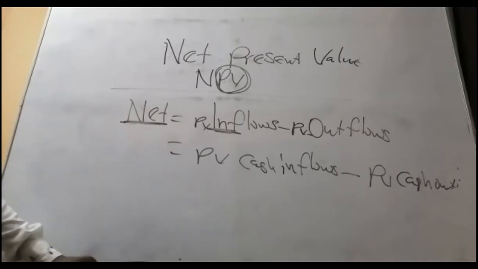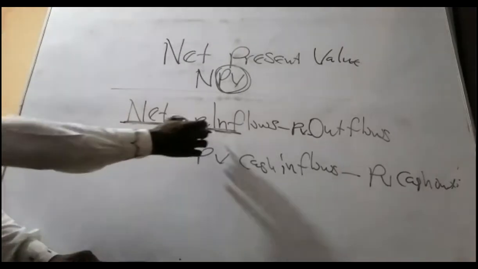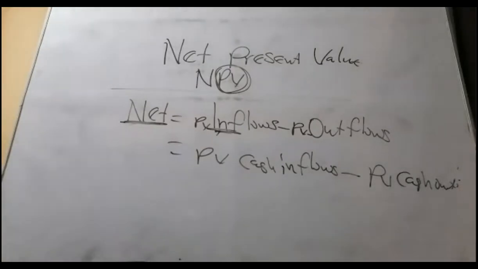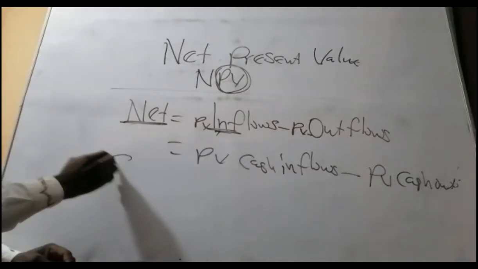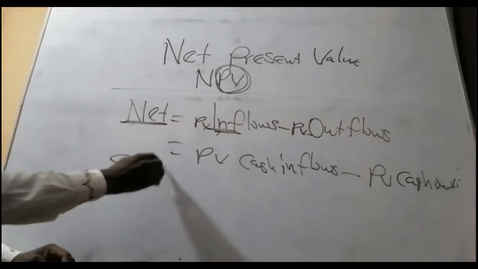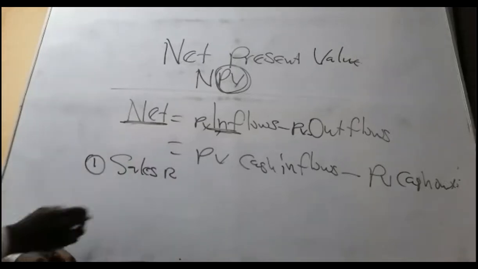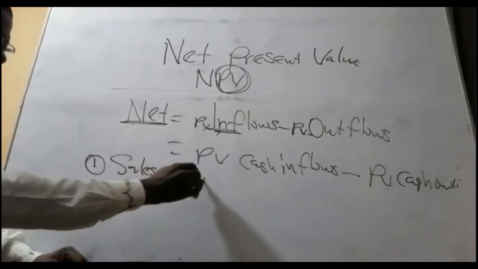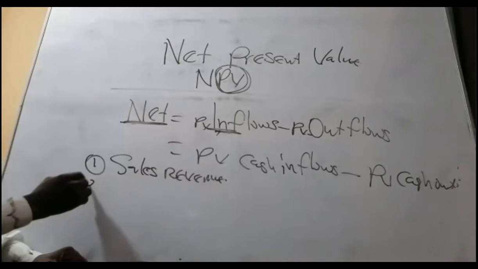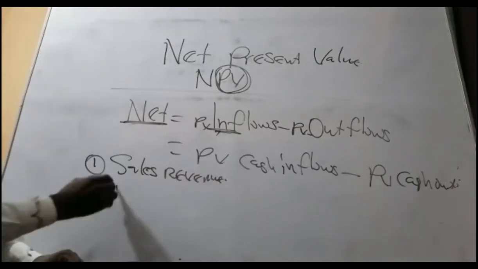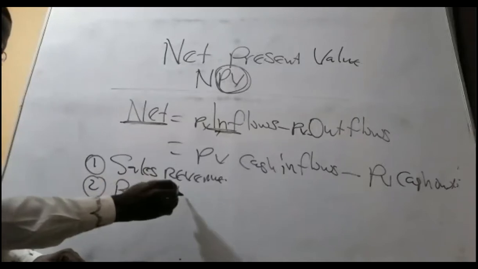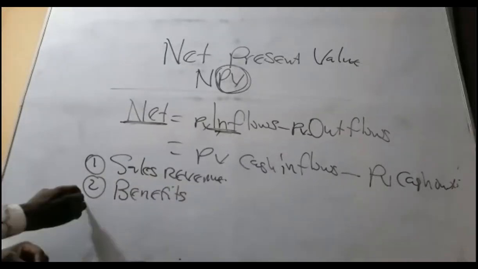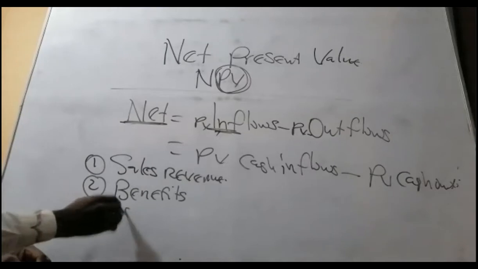Now, what are the examples of inflows? Inflows, cash inflow, any receipt. One, it can be sales revenue. Two, it can also be benefit. Three, it can also be cost savings.